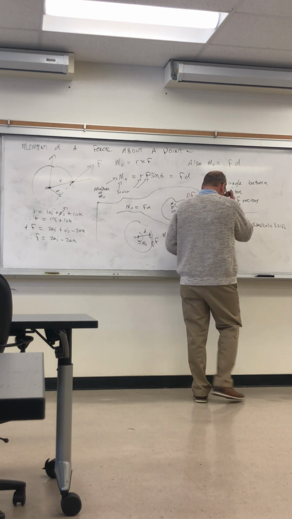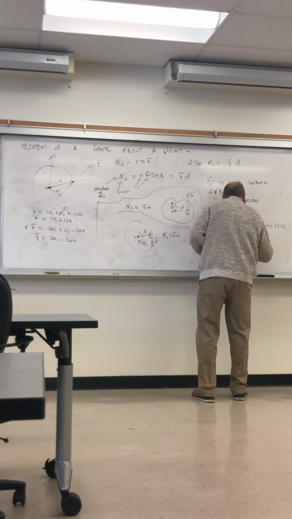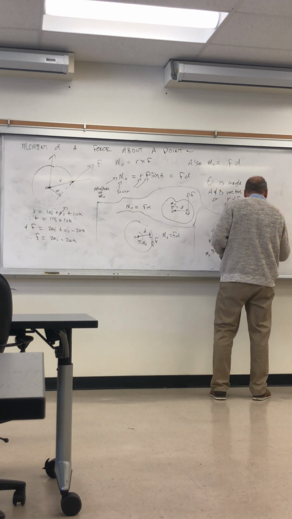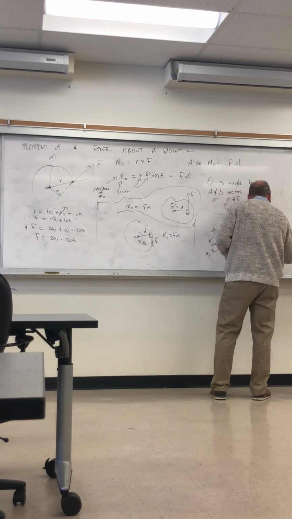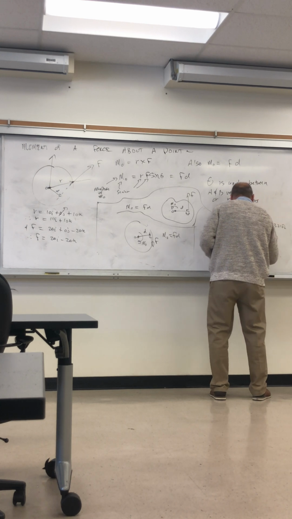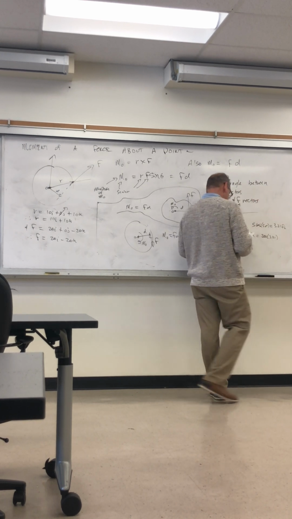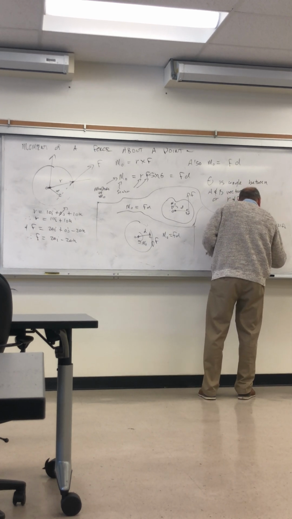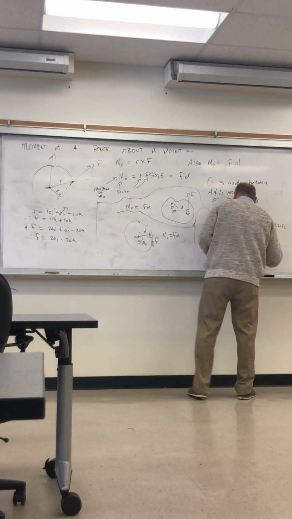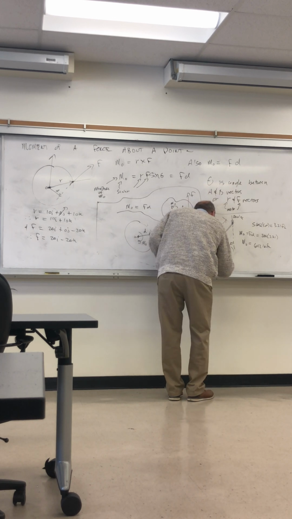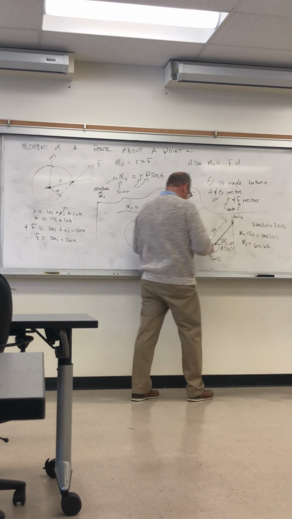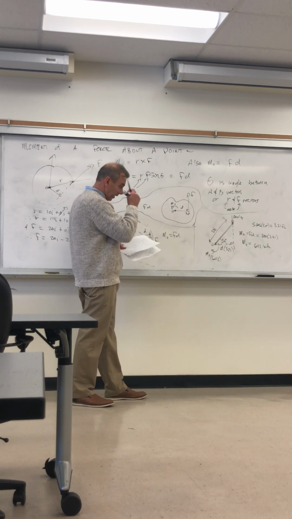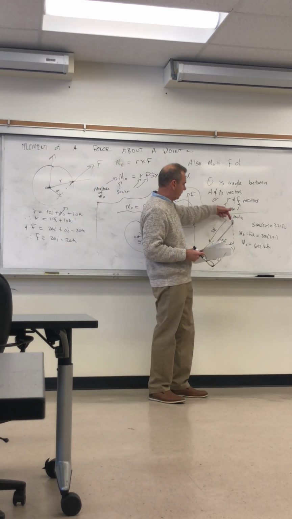So M sub O is again FD, which is 200 times 3.21, or M sub O is 642 pound-feet. And you can see it's clockwise.